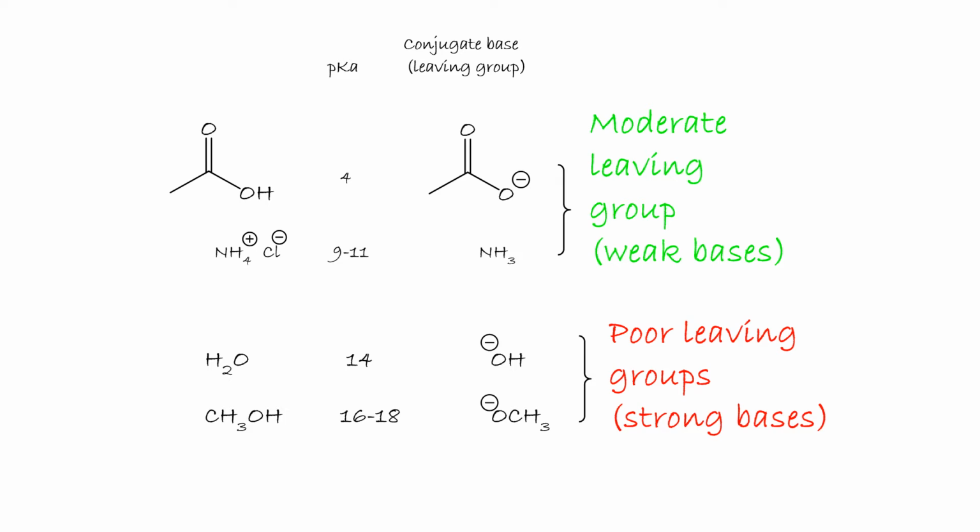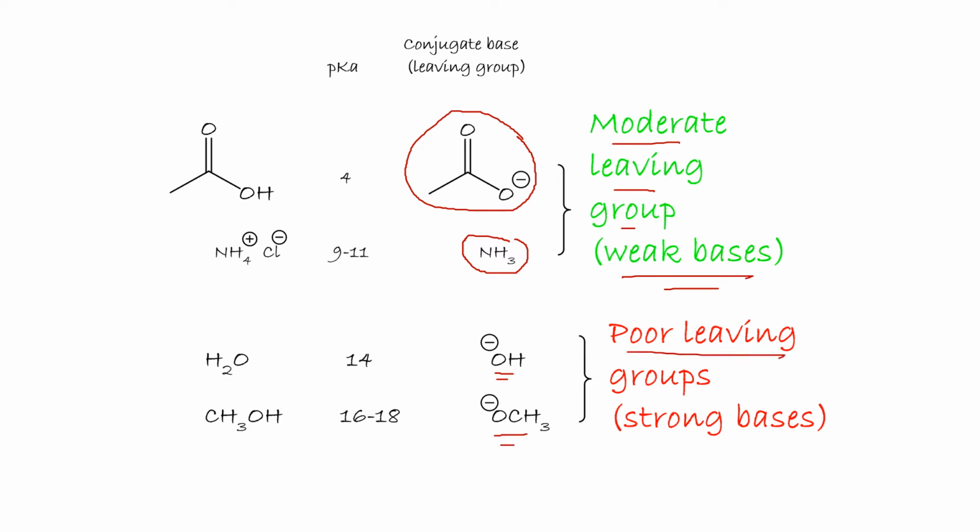Moderate leaving groups like acetates, like ammonia, are weak bases. OH- and methoxide are poor leaving groups because they are strong bases.